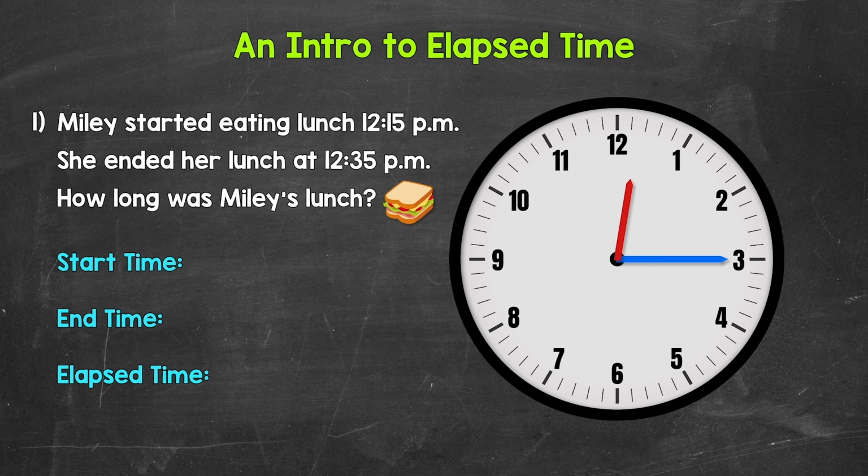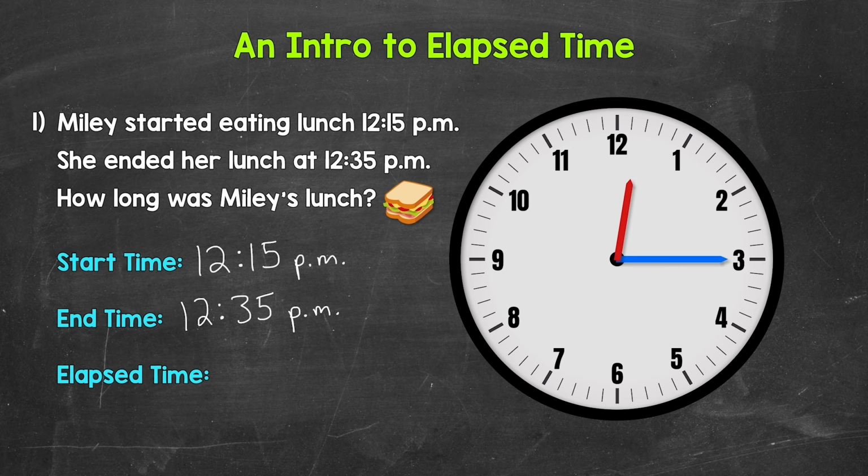Taking a look at number 1, we have Miley started eating lunch at 12:15 p.m. She ended her lunch at 12:35 p.m. How long was Miley's lunch? In this situation, we know our start time, 12:15 p.m., and end time, 12:35 p.m. So we need to figure out the elapsed time.